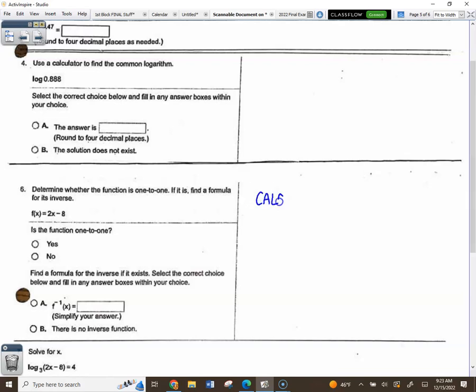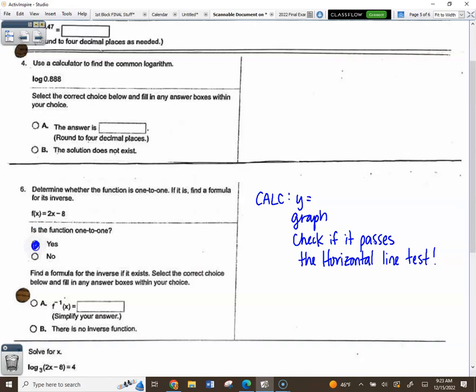But enter it in the calculator, y equals, graph it, and you're checking if it passes the horizontal line test. It will pass it, which means you have to say, yes, it's 1 to 1. The second part is, then tell me what the equation of the inverse is. You have to remember here, that means you're going to switch x and y and solve for y.